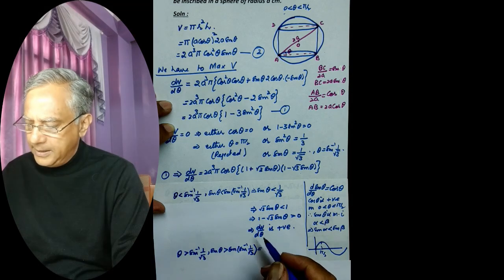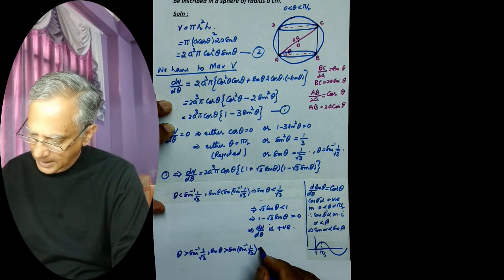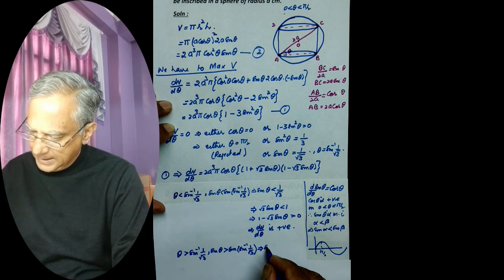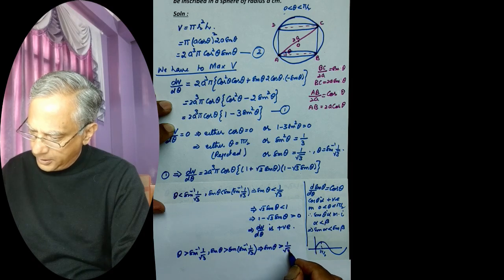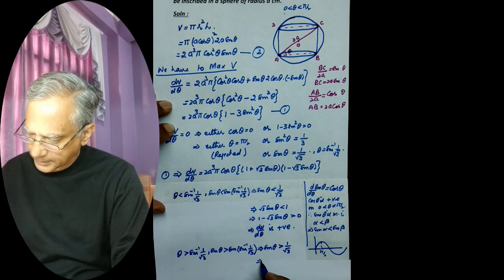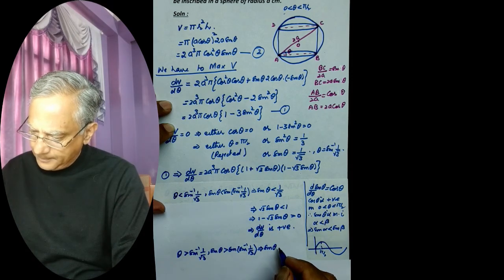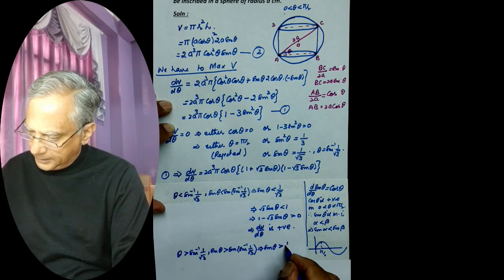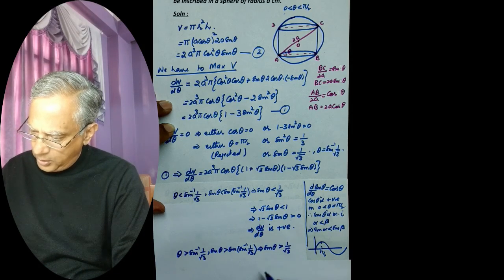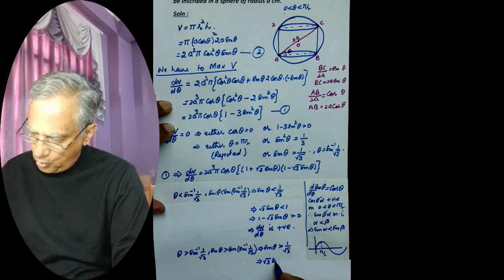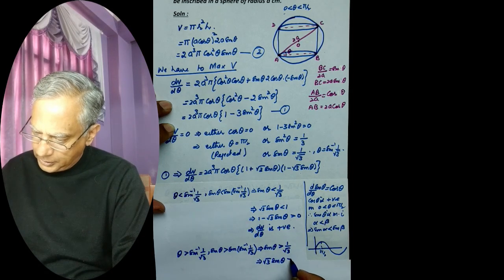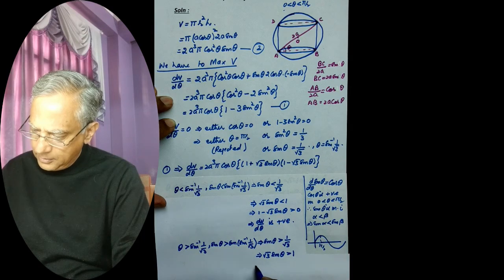This implies sine theta is greater than 1 by root 3, and this implies root 3 sine theta is greater than 1.